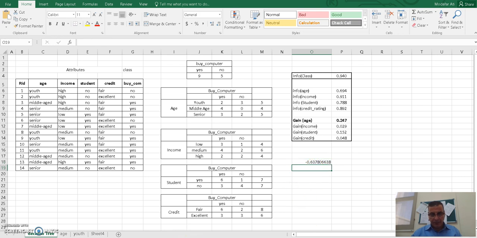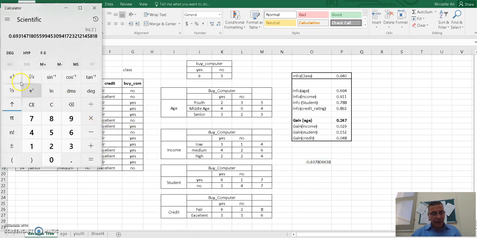We know for the twos, 5 by 14, and I take the ln for that, divided by 0.693. It is 1.6, so that's minus, and this is minus in here, right?